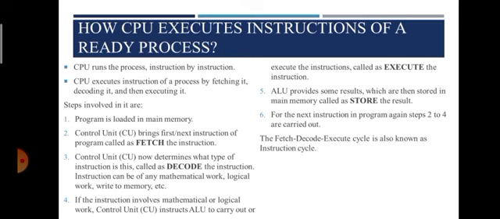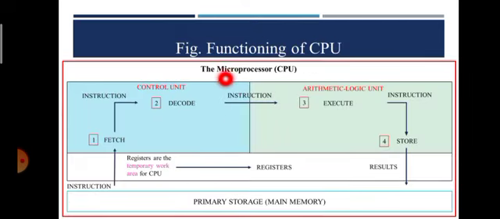If the instruction involves mathematical or logical work, the control unit instructs the ALU to carry out or execute the instructions, called execute the instruction. So here in the fourth step, what happens is, if the instruction involves any mathematical or logical work, that means if this instruction is either mathematical or logical type, then it is going to the arithmetic logic unit.